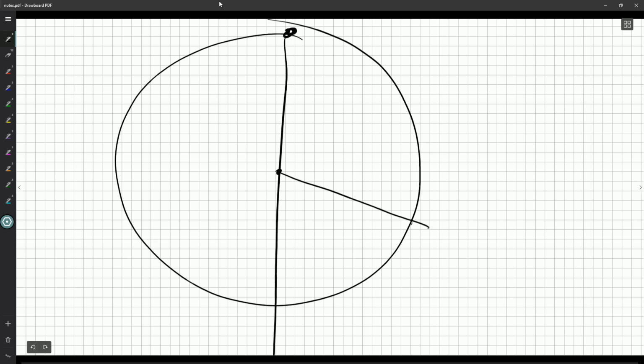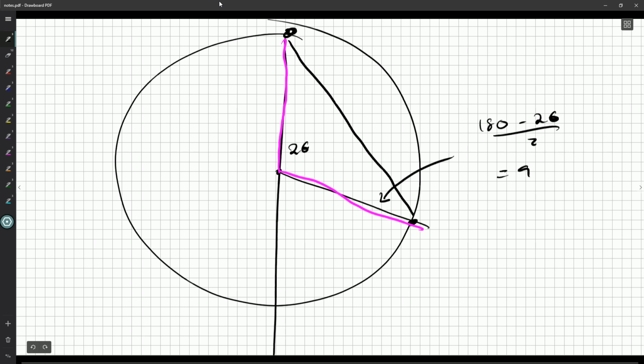So we got Q down here, and these are isosceles, and I know this is 2 theta. And as I remarked in part A, if you know the apex angle, this should be 180 minus 2 theta all over 2, which should be 90 minus theta. So both of these are 90 minus theta.